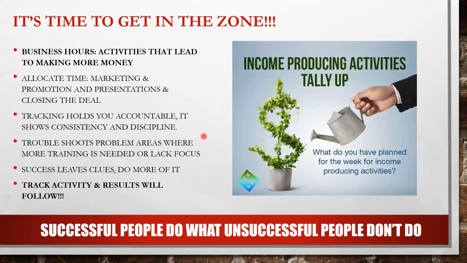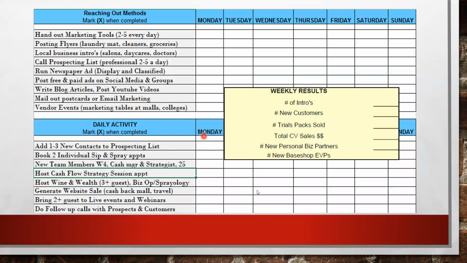There are certain activities that you need to be performing during your business hours so that you can make money. So like I said, you've got to allocate time to do marketing. You've got to allocate time to do presentations. You've got to track it, and you've got to hold yourself accountable. Here's a tracking sheet for income producing activities.